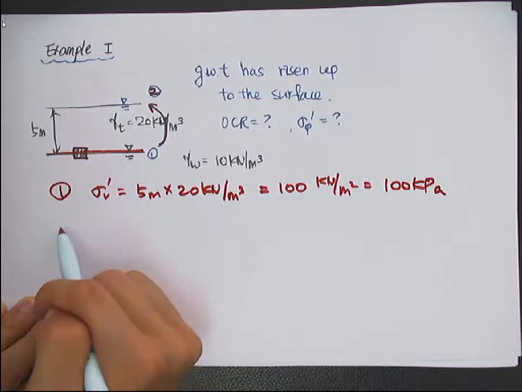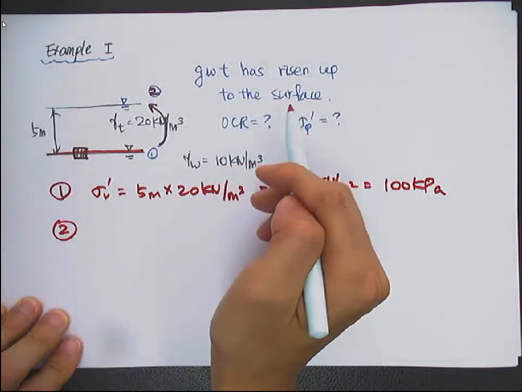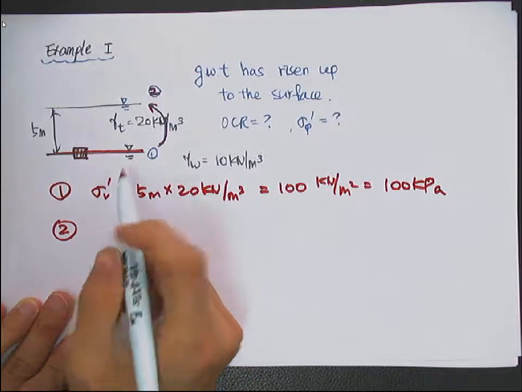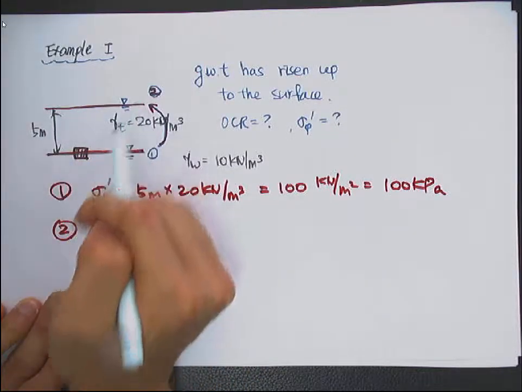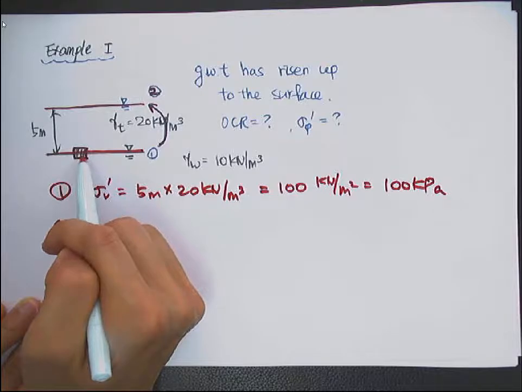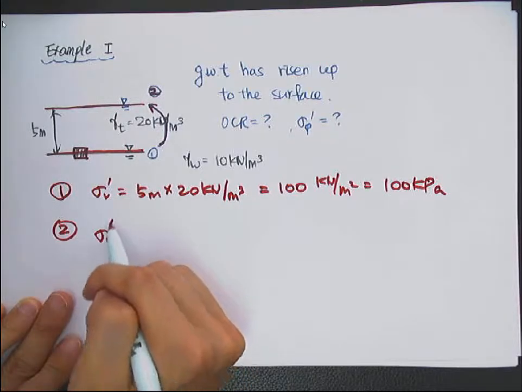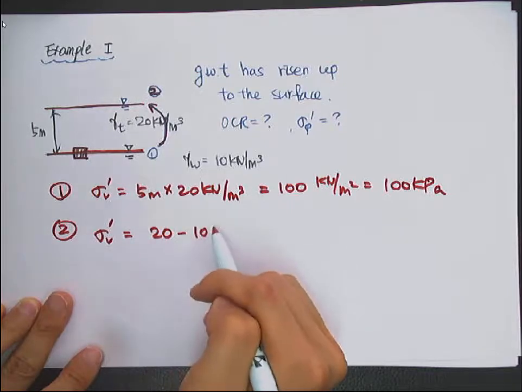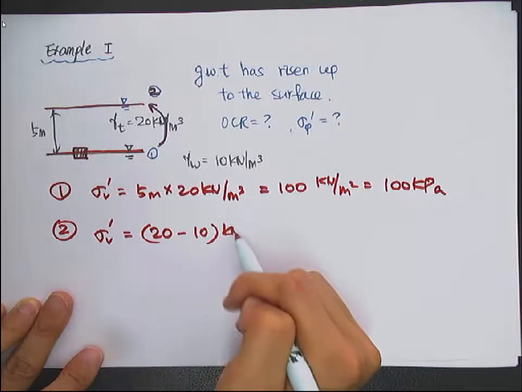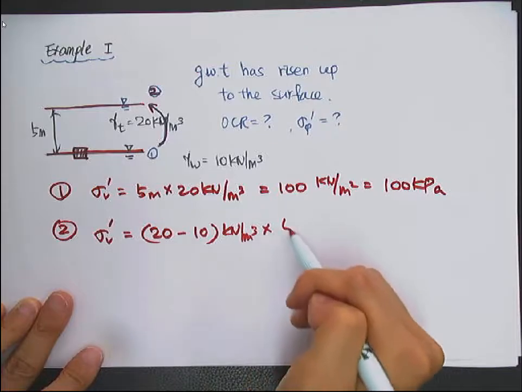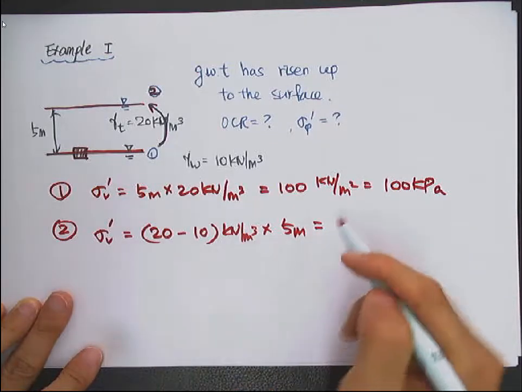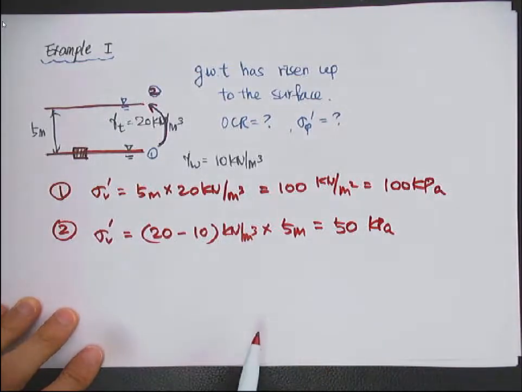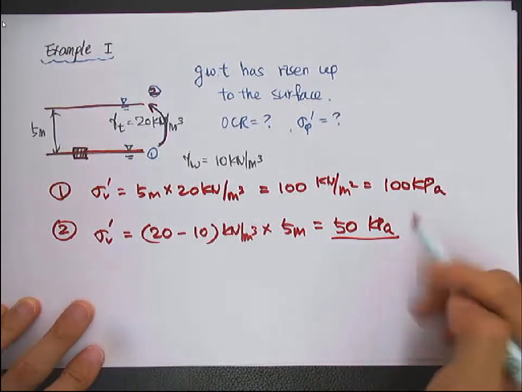When the groundwater table has risen up to the ground surface at time 2, then we have to subtract the pore water pressure. So sigma v prime will be 20 minus 10 kilonewton per cubic meter times 5 meters, so it becomes 50 kilopascal. So this is the current state, right?